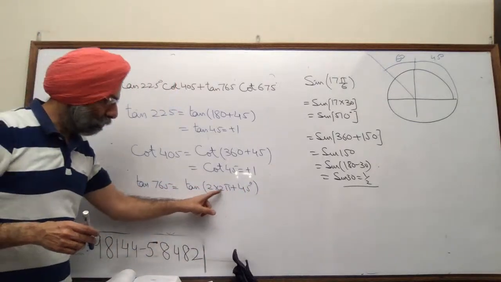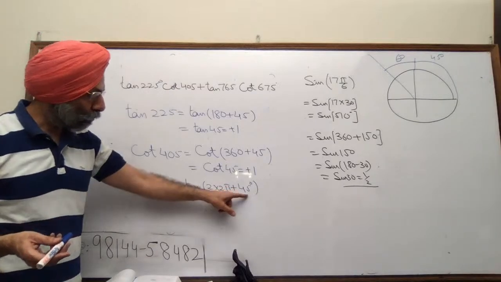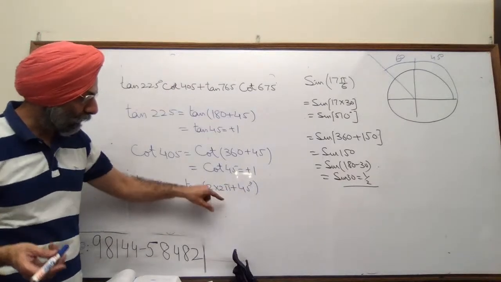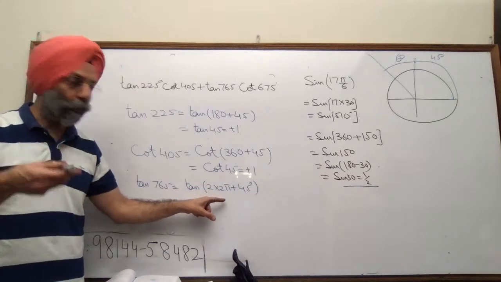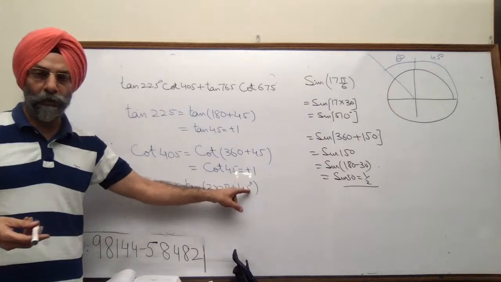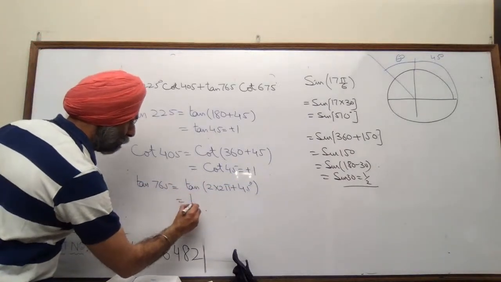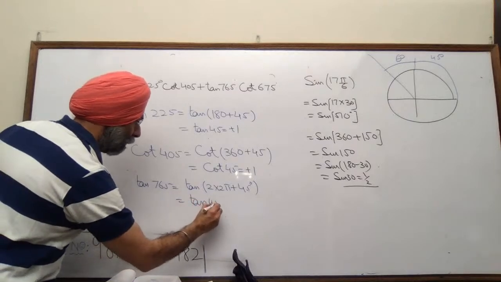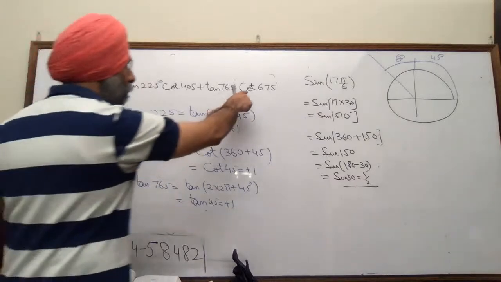I am just explaining that 2 pi, it has completed 2 rotations of 2 pi, so 2 into 2 pi plus 45 degrees means again it will fall in the first quadrant. So that means it is tan of 45 which is plus 1 here.